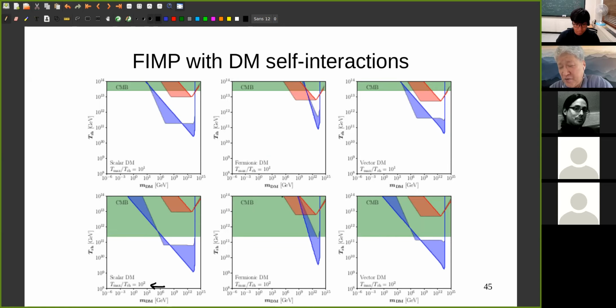The fermionic case is slightly different, because you have this suppression. I forgot what the reason was. It depends on the dark matter mass.